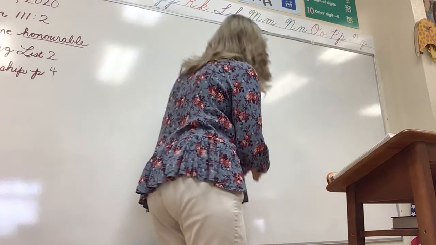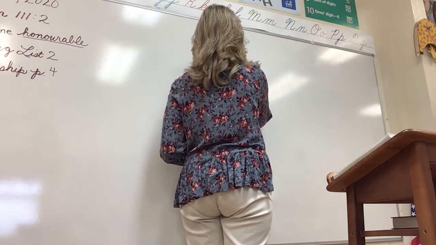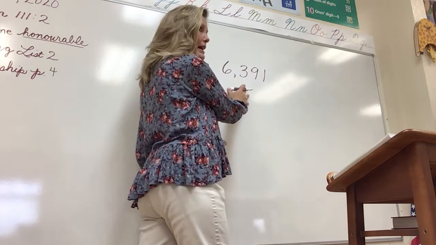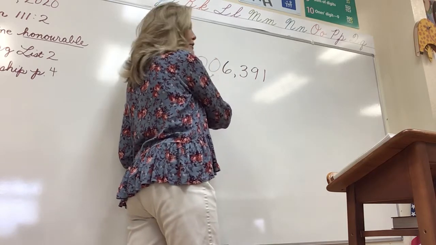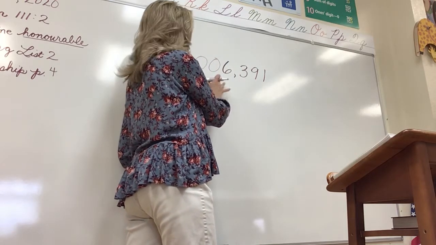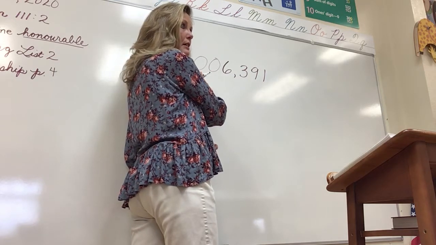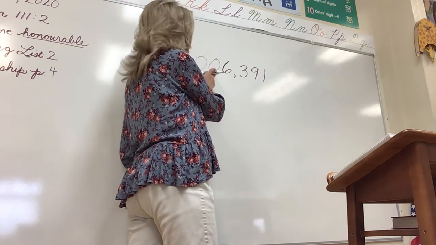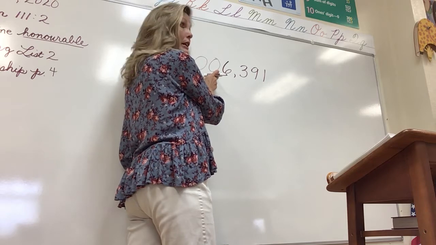I'm not going to write, let's say, if I have the number 6,391, am I going to put placeholder zeros there to show that I don't have the 10,000s and the 100,000s place? Class? Is that proper to put zeros here in the front of it? No, it is not.